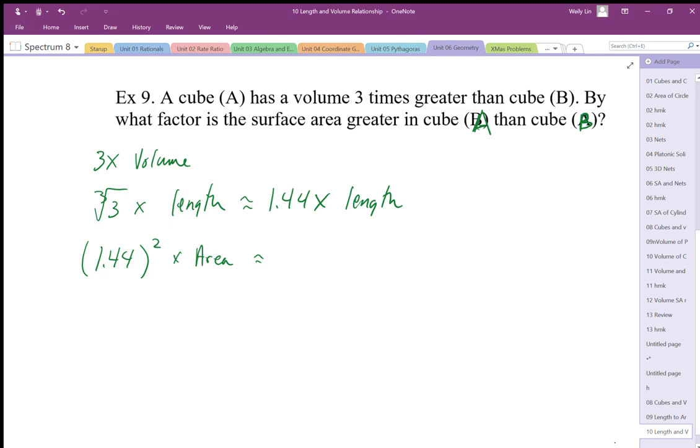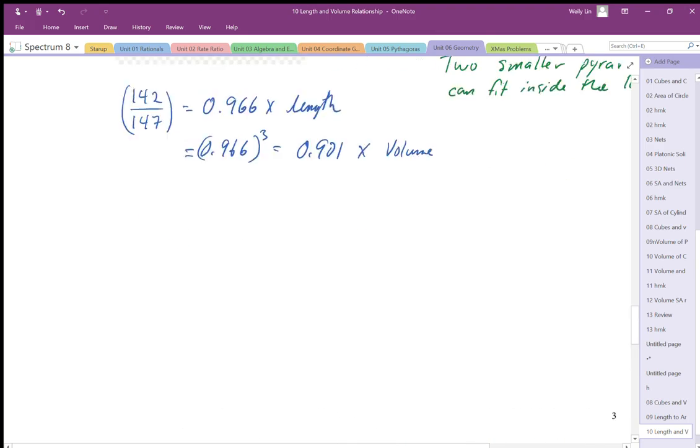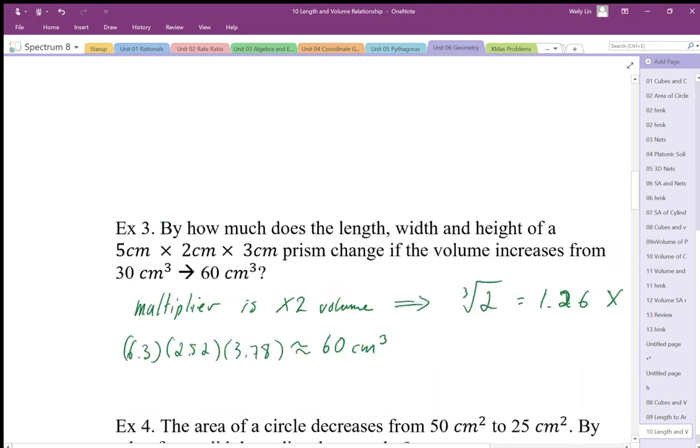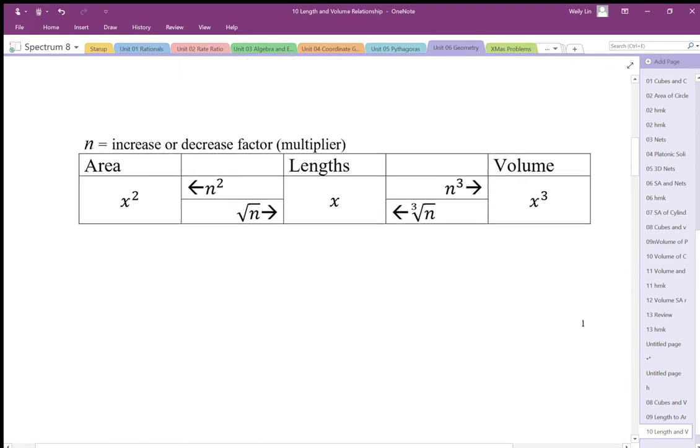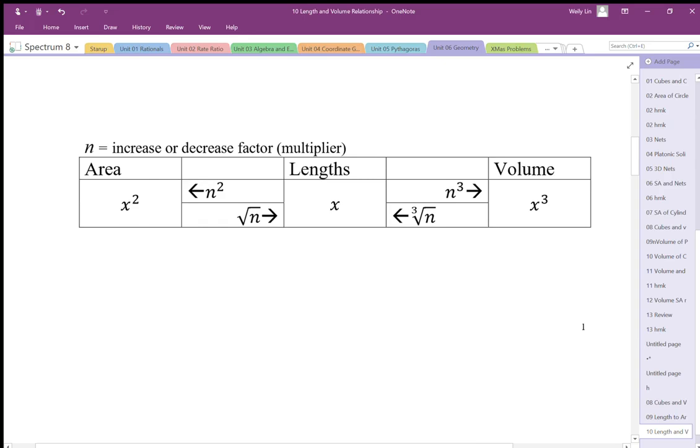Okay, so my surface area increases by 2.08 times. So if I triple the volume, my surface area increases by just a little bit more than double. So there it is. The key is, again, to go between areas, volumes, and length, we can use this chart to help us map our way through. Okay, so this chart's very handy.